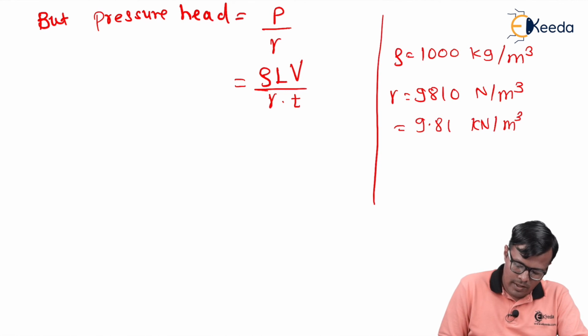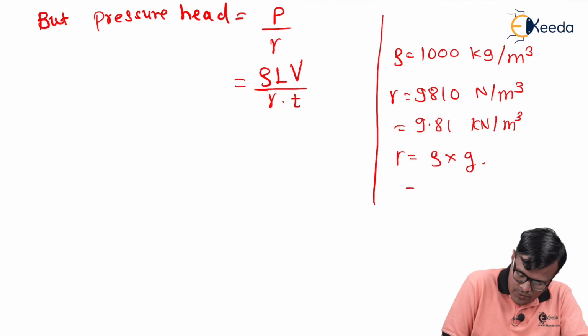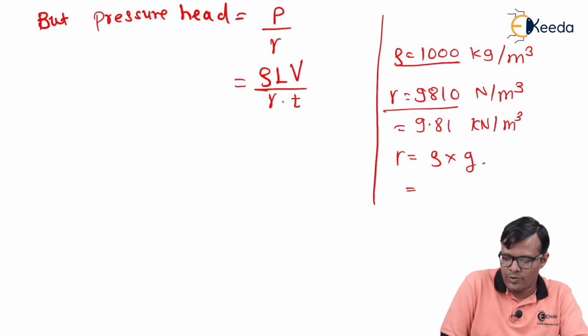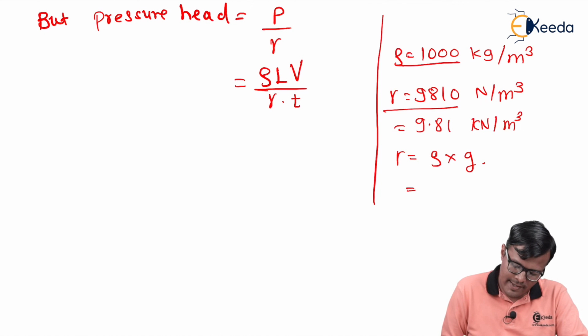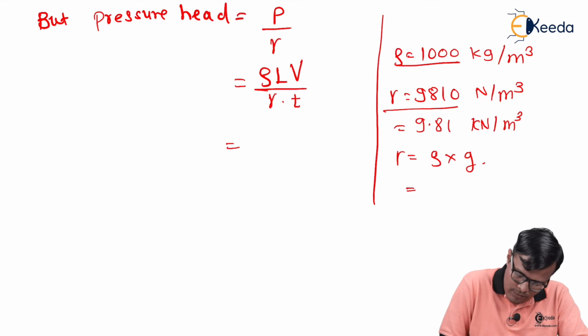And the relation is such that gamma equal to rho into g. So this 9810 is equal to this 1000 into g, where 9.81 is gravitational acceleration. So we will have rho equal to gamma upon g.